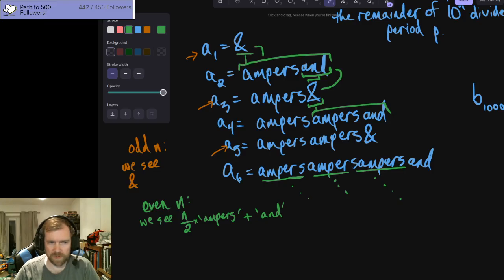The symbol becomes the word, the little miniature word becomes the... Symbol ampersand becomes the word ampersand. The word ampersand becomes the symbol ampersand. And then we're back to the beginning again.